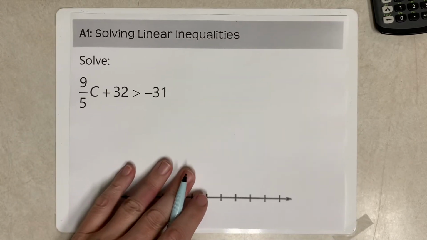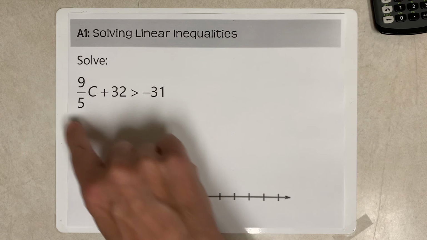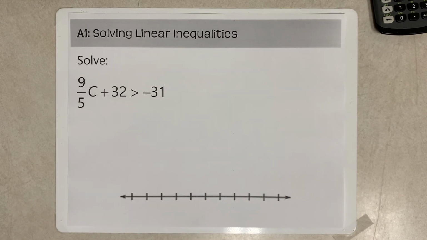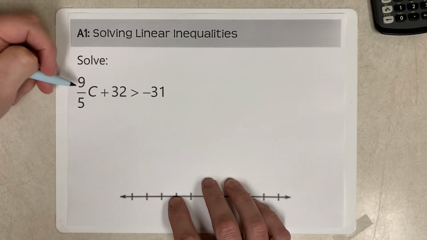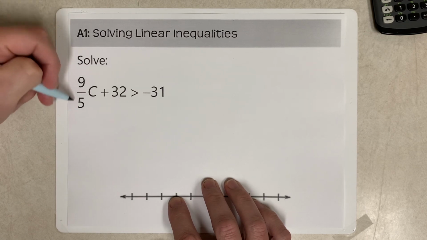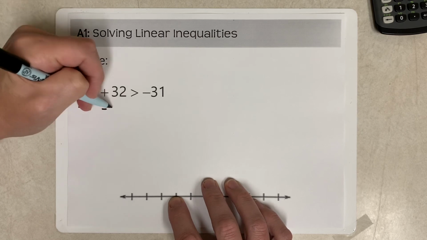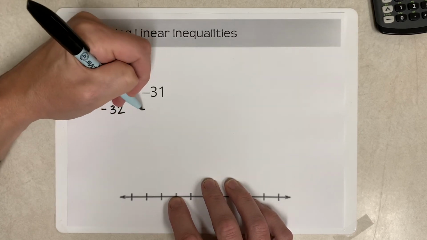Here we have a good one. It's a two-step. But if you remember this type of formula, it's kind of looking like temperature, like C would be Celsius. Not that we need to know that, but we need to start moving stuff around. So I would not multiply by the reciprocal right yet because I have this 32 right here. So I'm going to move the constant over just like I would for an equation.